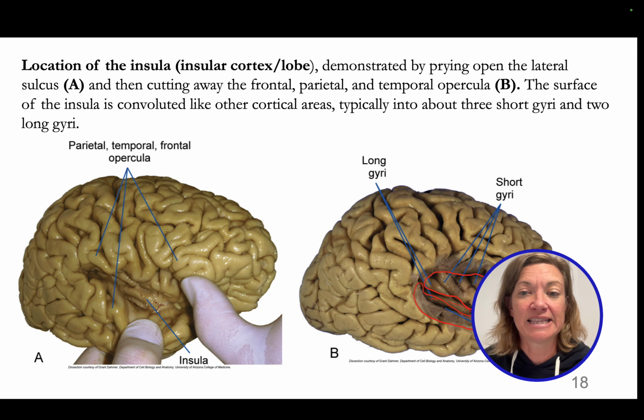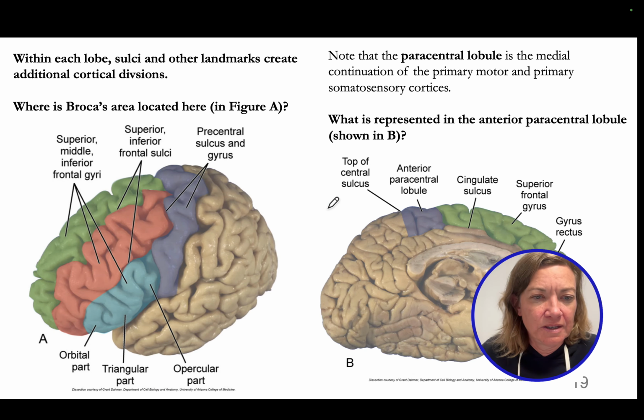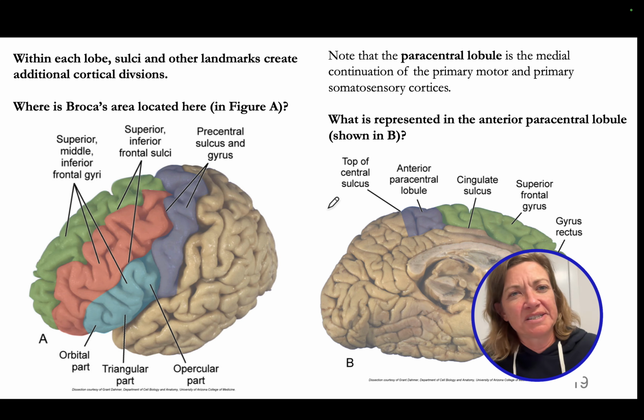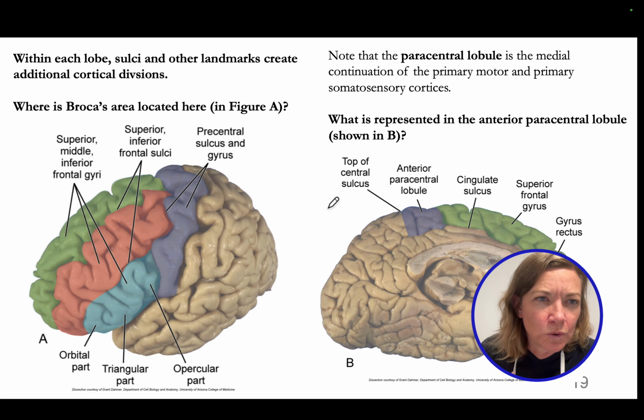That's the insula inside the opercula. Now, within each of the major lobes, sulci and other landmarks create additional cortical divisions. Here we've got the frontal lobe in this figure in A, and we're all familiar with the purple part. That's the primary motor cortex, the precentral gyrus.